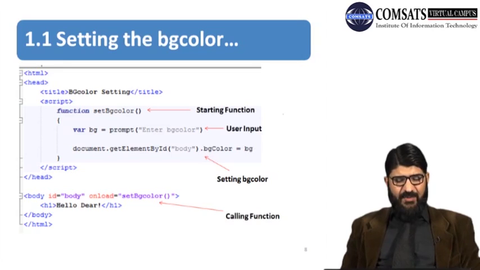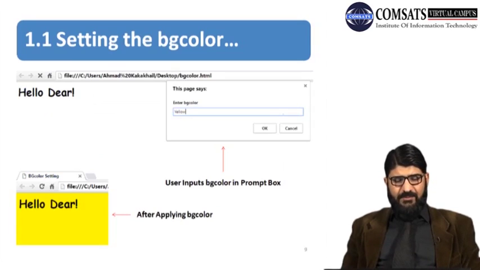So when the page is loaded, hello dear will appear as a heading, and on loading a function will be called. The function will first take the color value from the user using the prompt function, and then assign that value to getElementById body.backgroundColor and set the background of the web page accordingly.